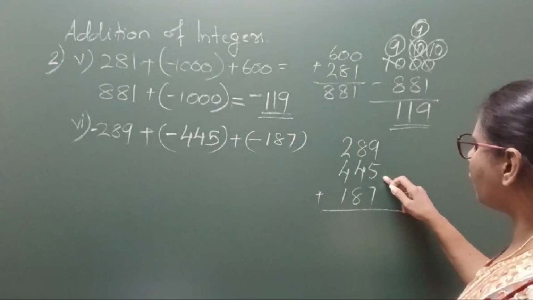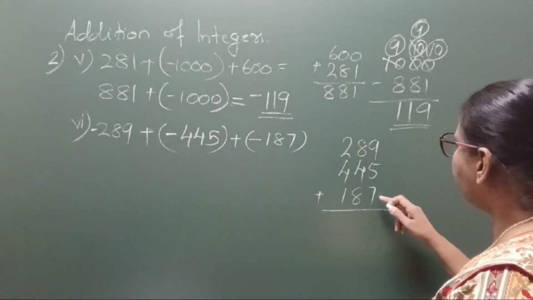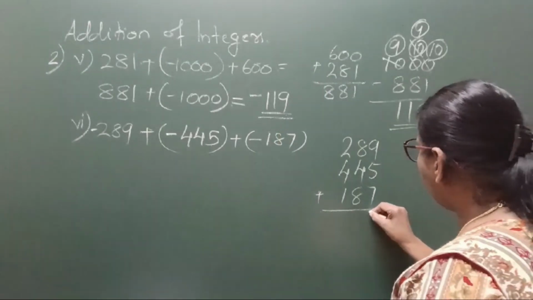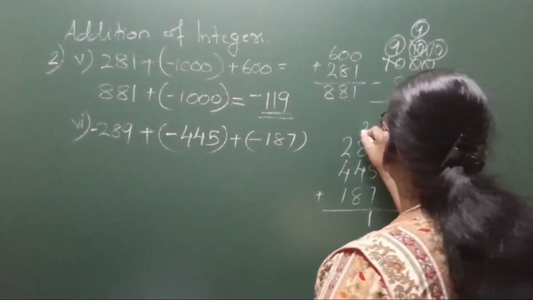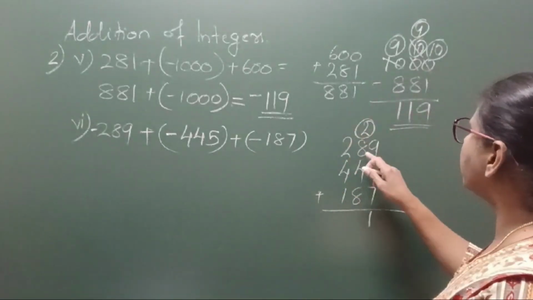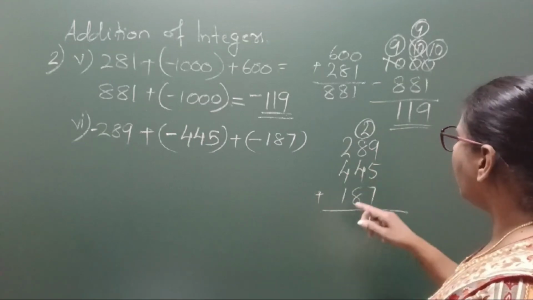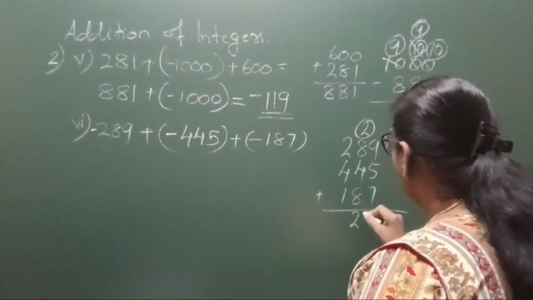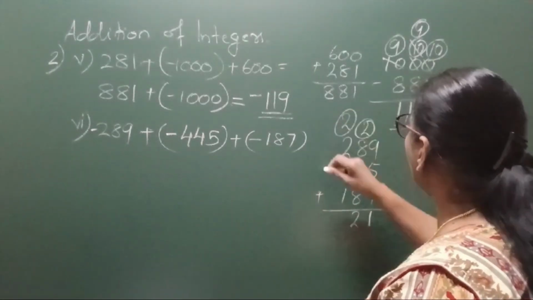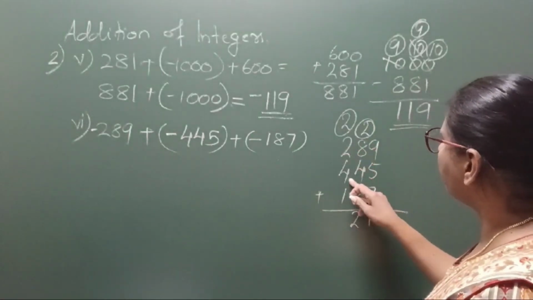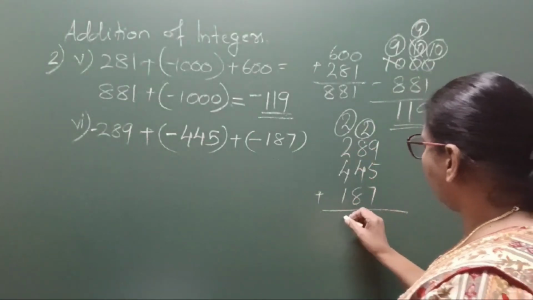9 plus 5 is equal to 14. 14 plus 7 is equal to 21. 2 balance. 2 plus 8, 10 plus 4, 14 plus 8, 22. Again 2 balance. 2 plus 2, 4 plus 4, 8 plus 1, 9.